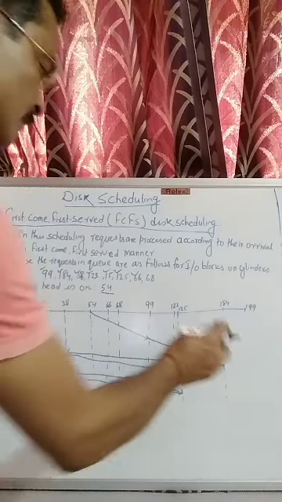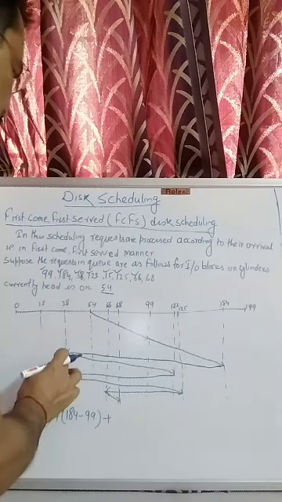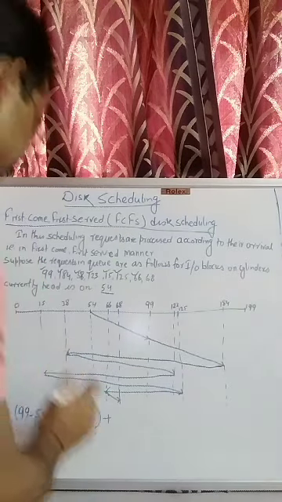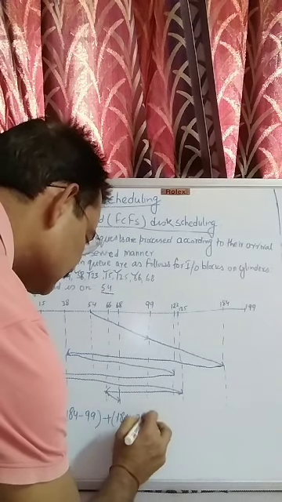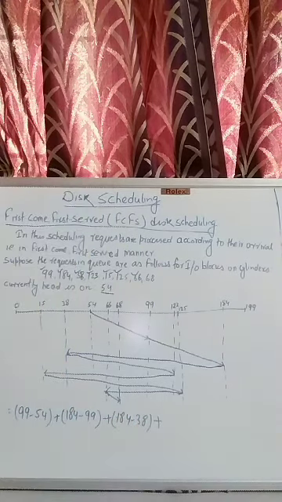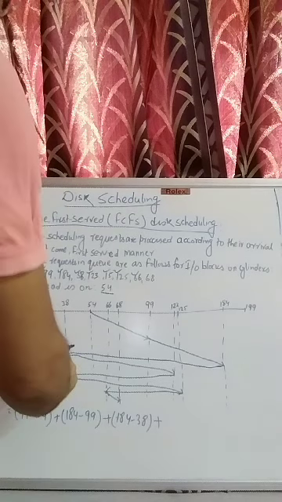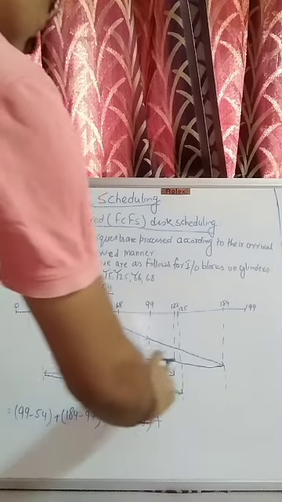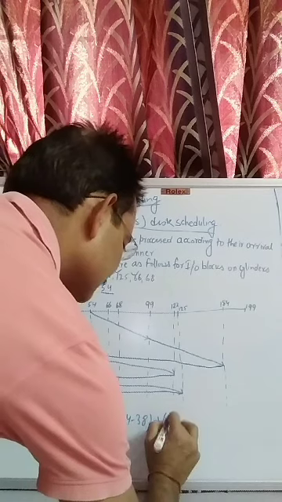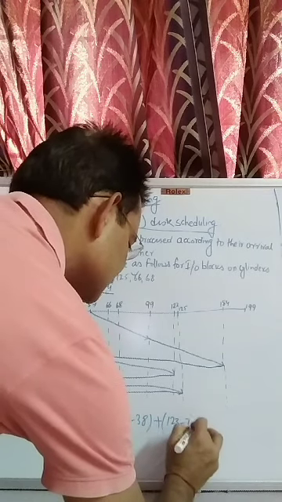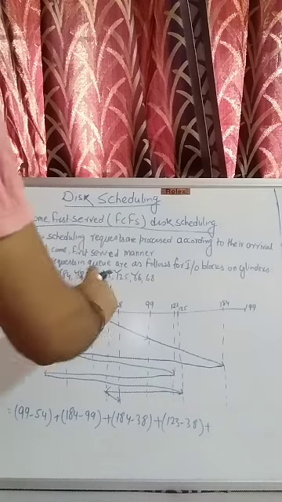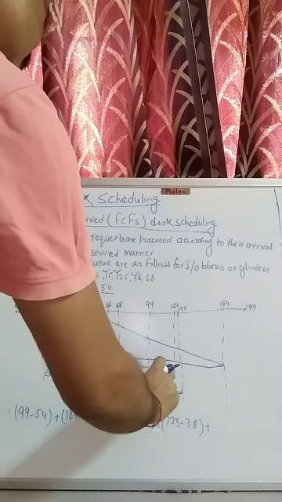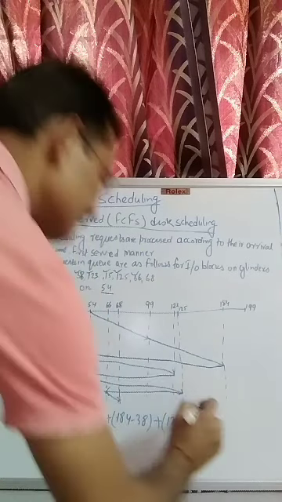Now from 184 to 38. So 184 minus 38, then 38 to 123, that is 123 minus 38, plus 123 to 15.